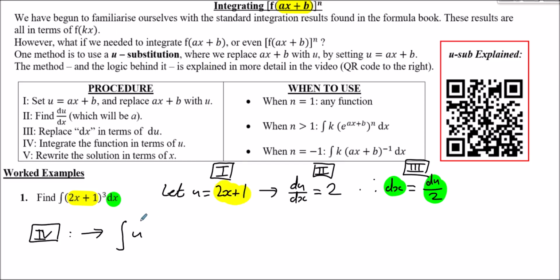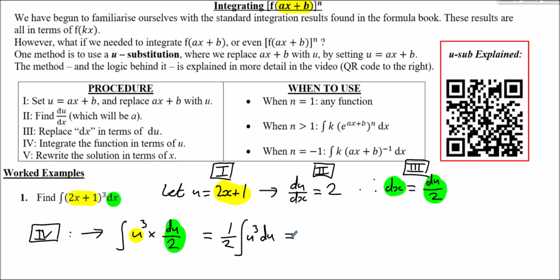But because we now know that dx is the same as du over 2, I can just switch dx in terms of du over 2 like so. So 2x plus 1 cubed just becomes u cubed, dx is now just du over 2. So that over 2 is obviously just a half. As a constant, I can move a half to the outside, and I'm just integrating u cubed with respect to u. Now, doesn't that look much easier?